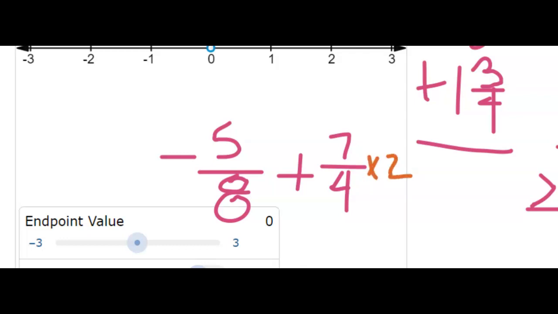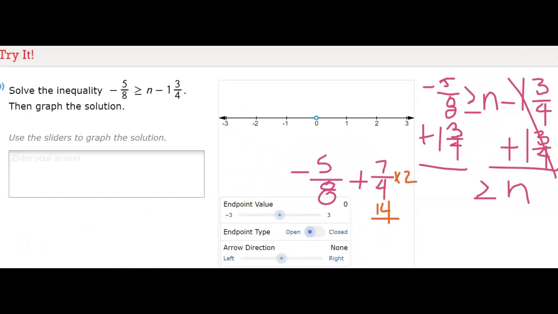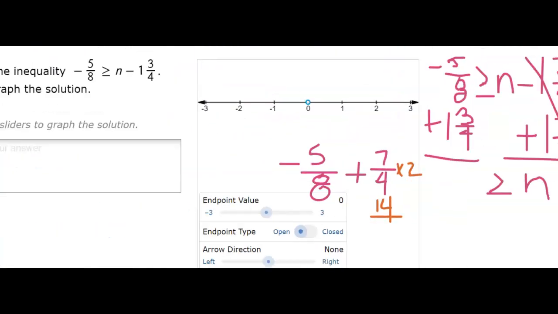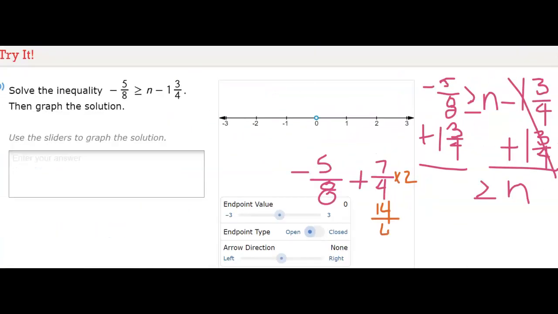And so now I'm going to have 14 over 8. So 14 over 8 plus minus 5/8.